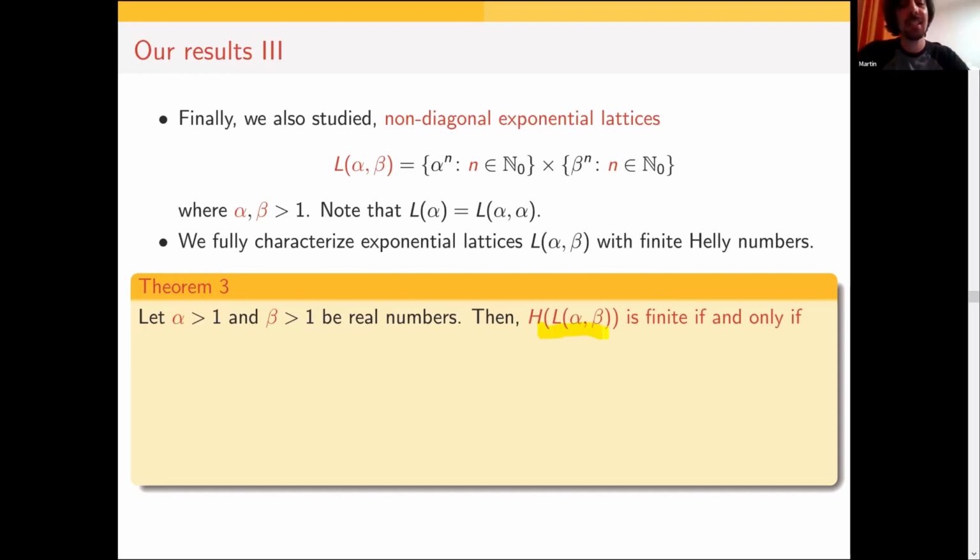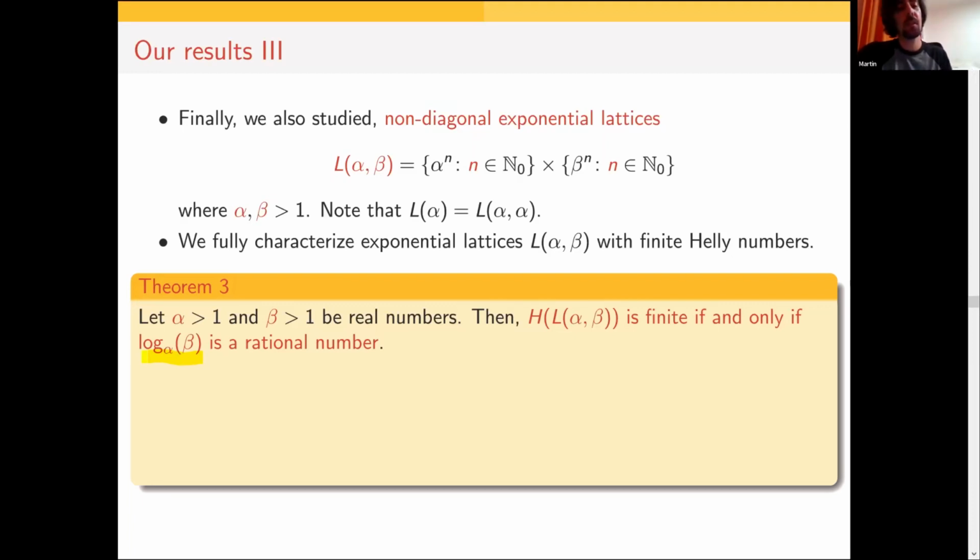You can try to guess. It's again a little bit surprising, I think. We show that this number is finite if and only if the logarithm of beta with base alpha is a rational number. Or you can put it differently: the logarithm of beta divided by the logarithm of alpha is a rational number.